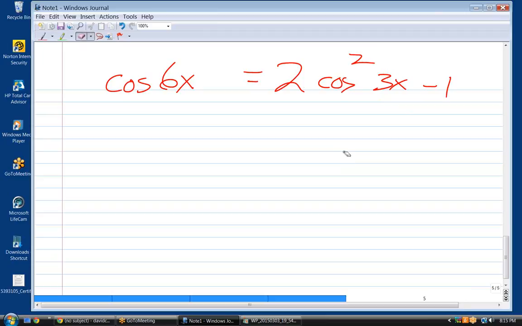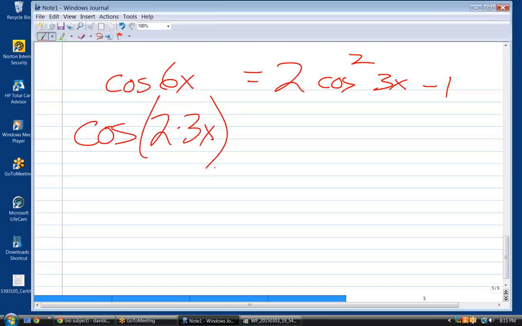Okay, no, that's fine. But the minus 1 is not, it's cosine squared of 3x. Yeah. Minus 1. Okay. Well, let's see. The cosine of 6x is the same as the cosine of 2 times 3x. Right?